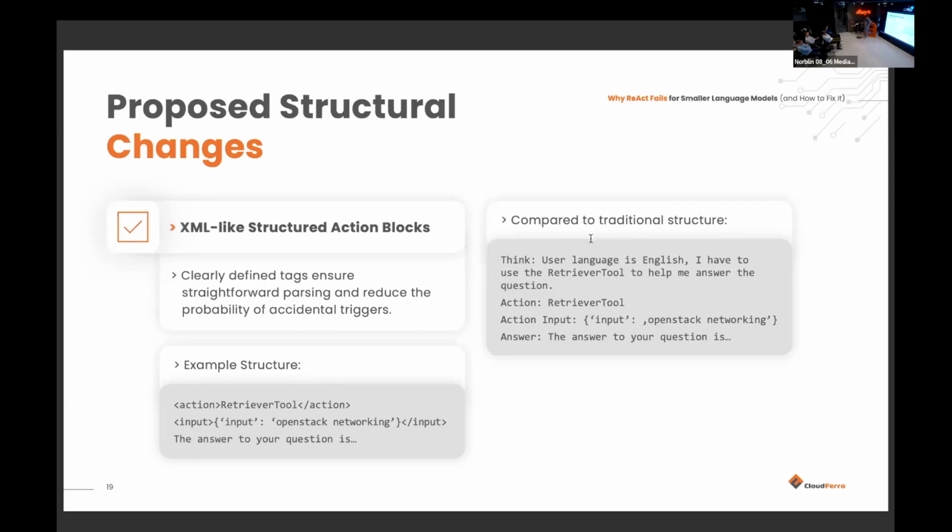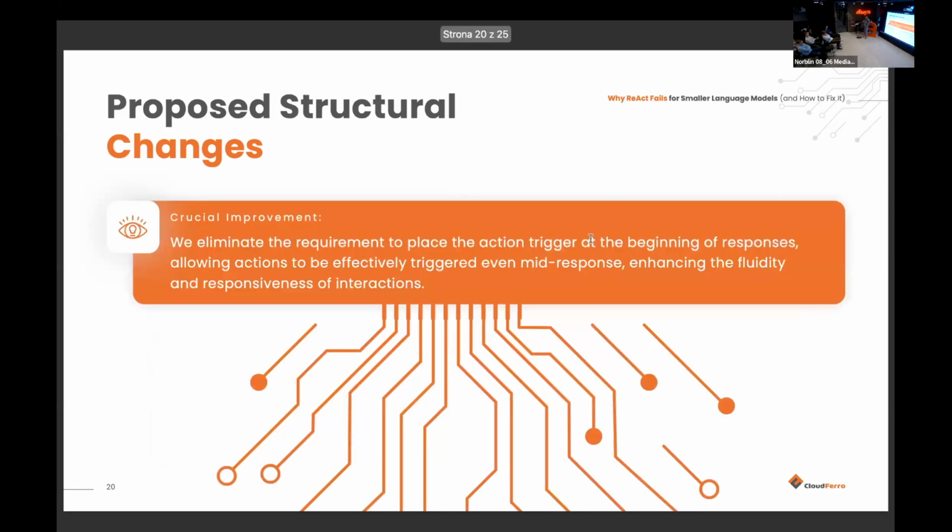reasoning. Right, so the crucial improvement, as I said, is the mid-stream action triggering. The idea is that the model could start generating an answer to the user and then trigger an action midstream, gather the data, and come back to the user in the same message.